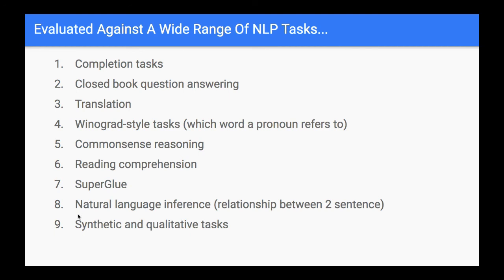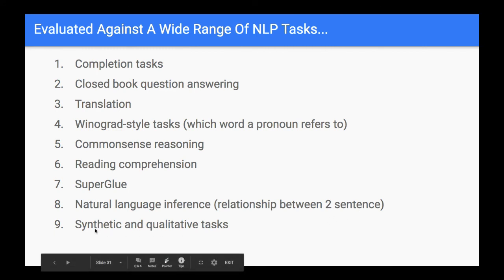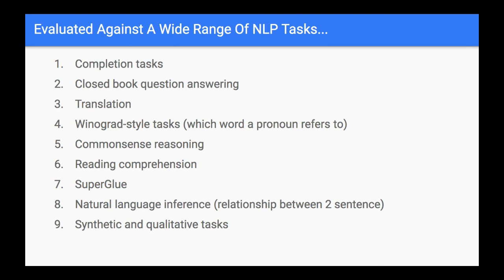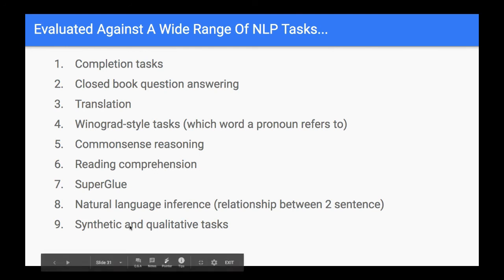And natural language inference is a way to evaluate if the model can understand the relationship between 2 sentences. And the last one is synthetic and qualitative tasks. They made up some quite interesting tasks to prompt the model, and they also analyze the model's predictions qualitatively.